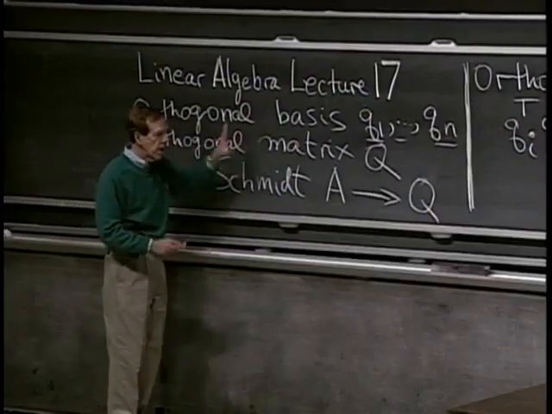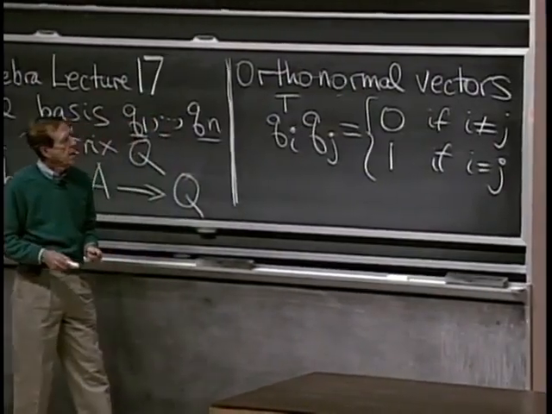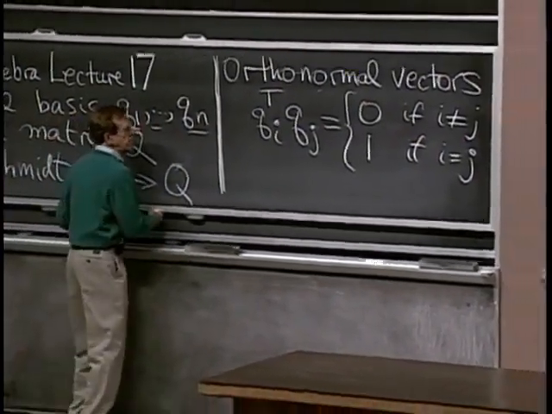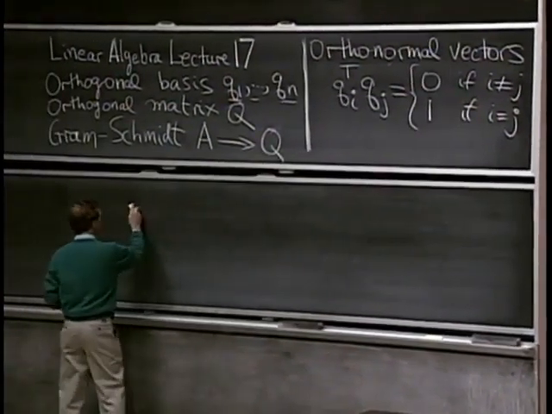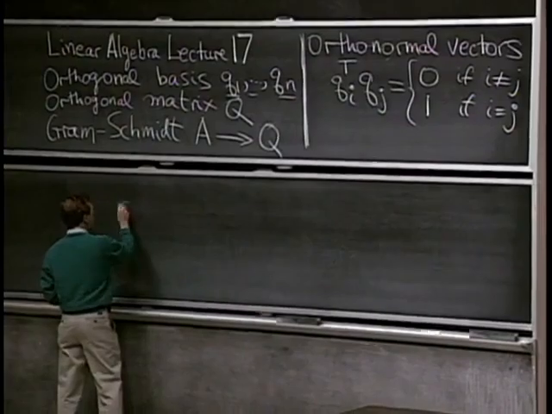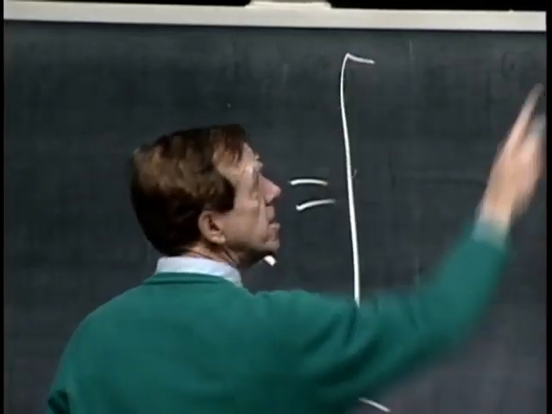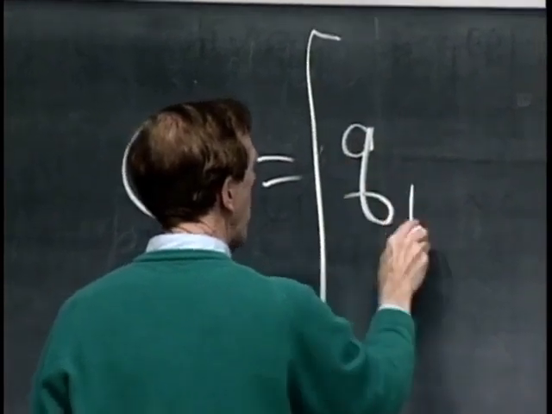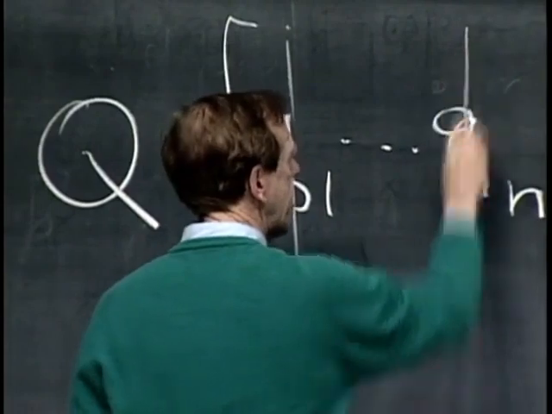So the first part is, we've got a basis like this. Let's put those into the columns of a matrix Q that has these orthonormal vectors. Q1 will be the first column. Qn will be the nth column.